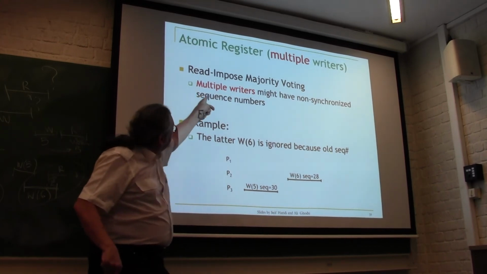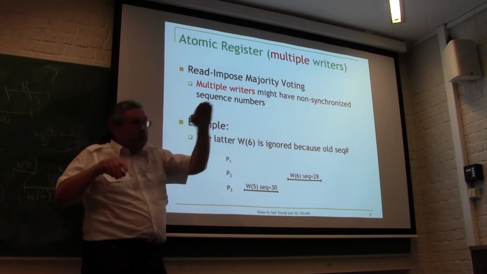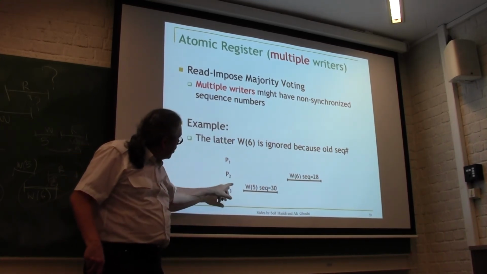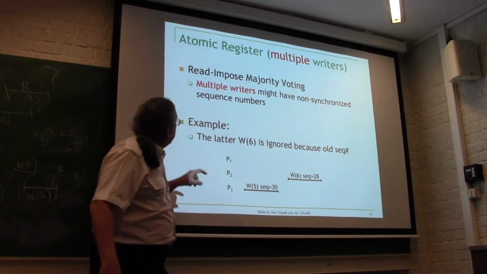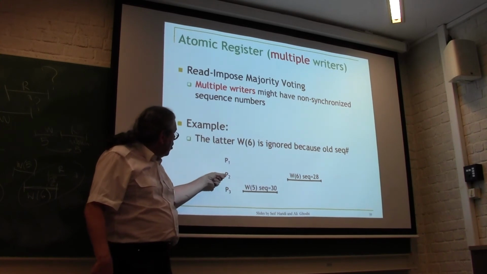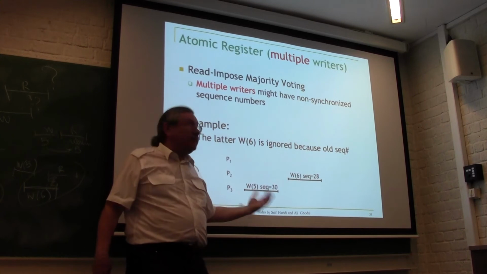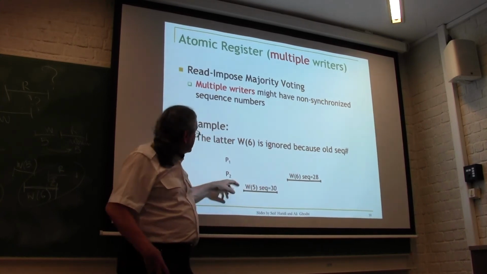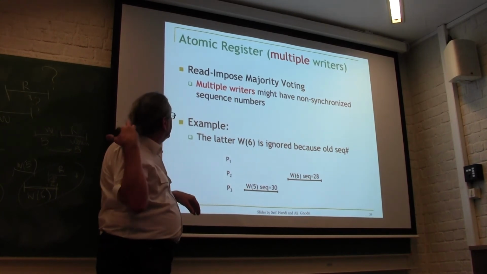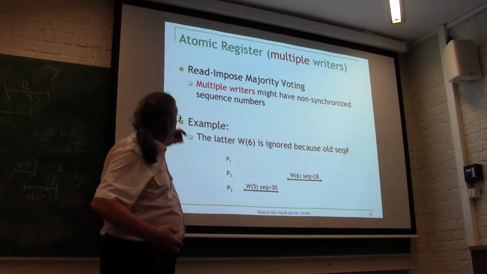Well, each writer has a sequence number. Any process can now be a writer, and each writer will have its own sequence number, and the problem is they might be non-synchronized. Maybe one node is doing many more writes than another one, so the sequence number gets incremented more. So they get unsynchronized, and it doesn't work. The way to make it work is you have to coordinate the sequence numbers.